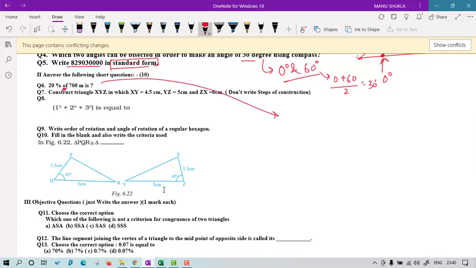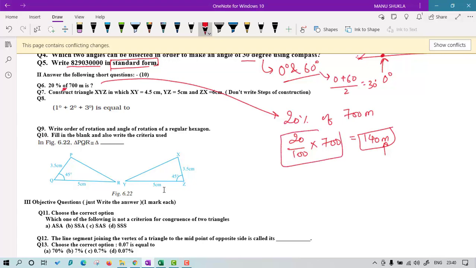So we have to find 20% of 700 meters. That means 20 upon 100 of 700 meters. While you solve it, you will get the answer as 140 meters. Writing this unit is also important in the answer, and this step of showing the calculation is also important. If you just write the answer, that is not enough.